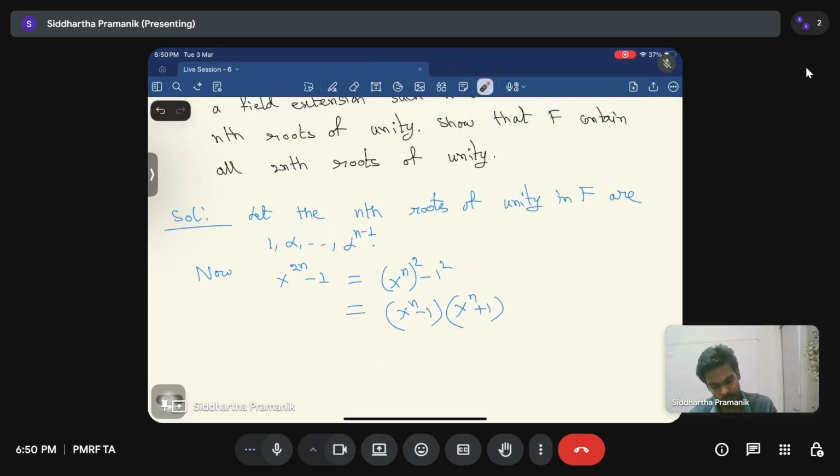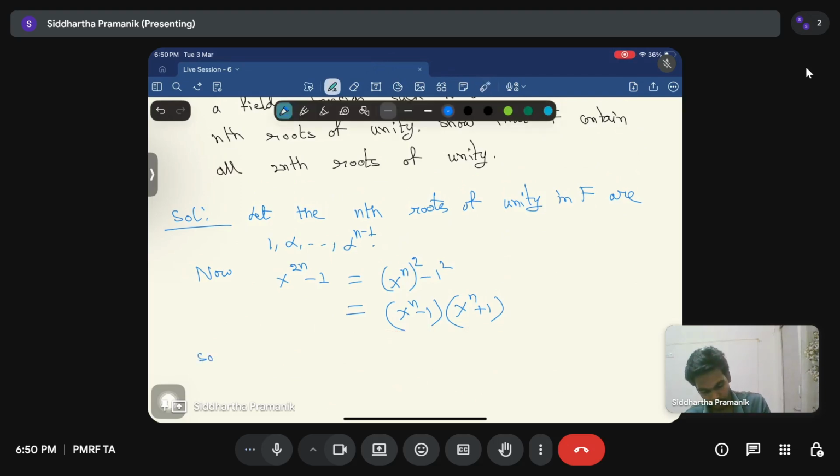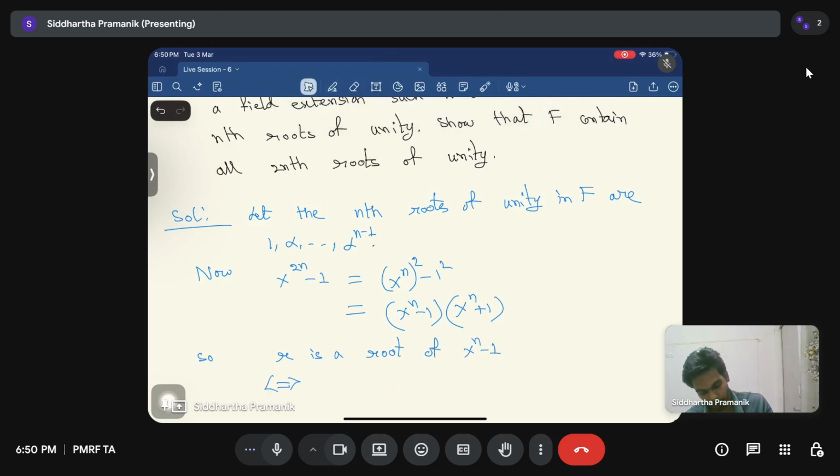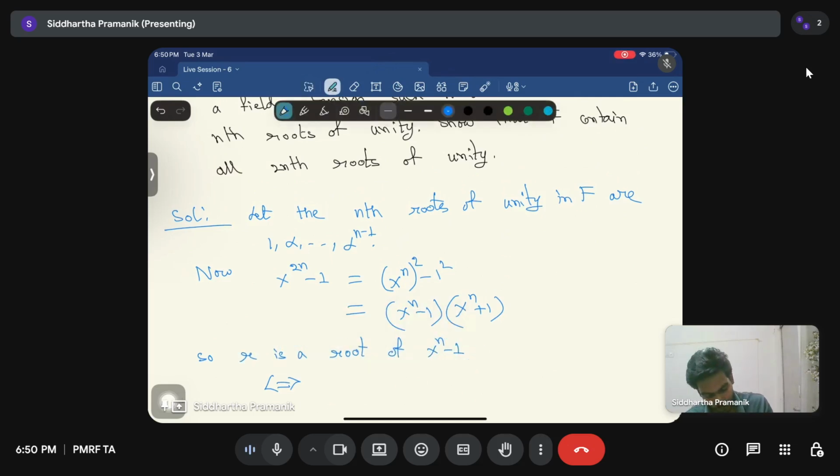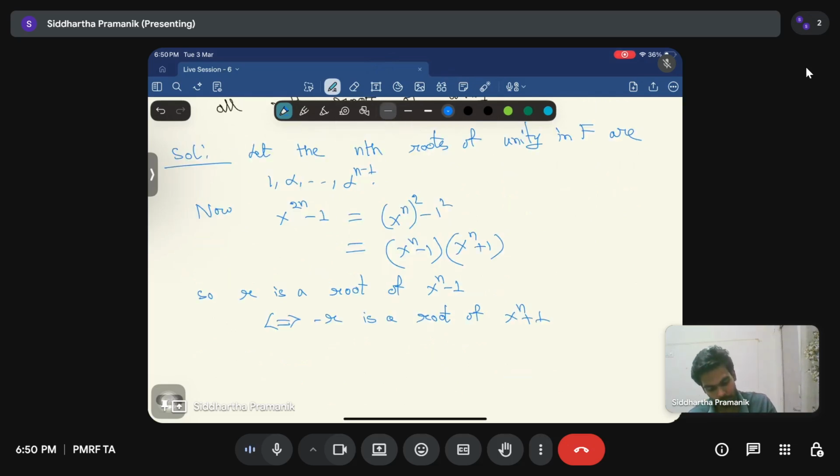If r is a root of x power n minus 1 if and only if minus r is a root of x power n plus 1, because r power n minus 1 is 0, so this implies minus r power n equals minus of r power n, because n is odd, so this will be minus 1. This is just an observation.